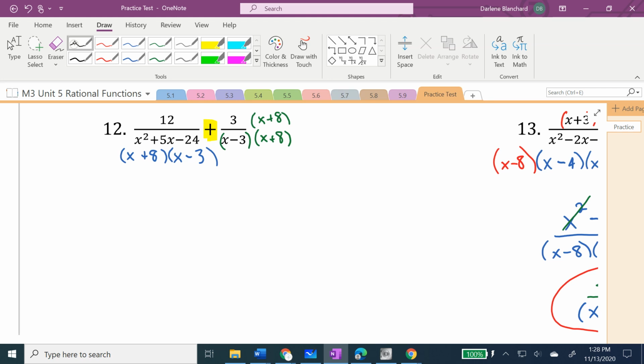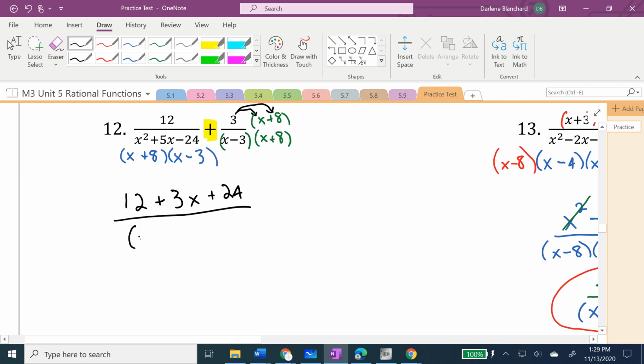So that means that I have 12 plus, and then I need to distribute the multiplication of 3 over the x plus 8. So 3 times x plus 3 times 8 over the common denominator.